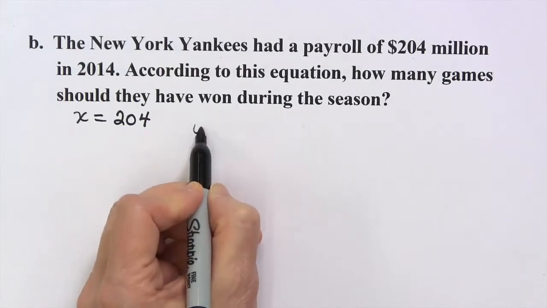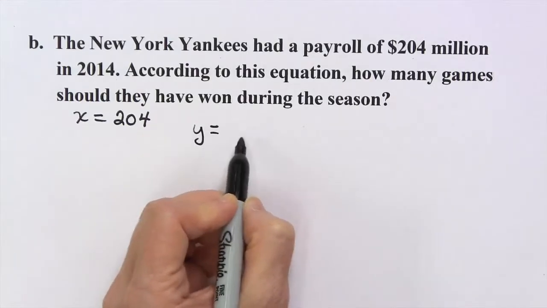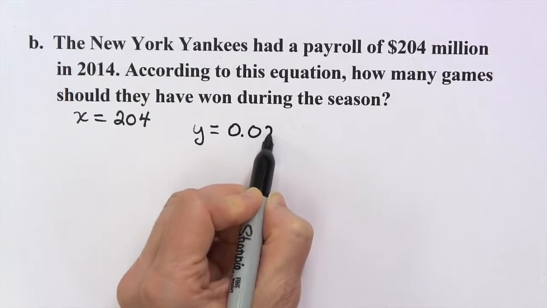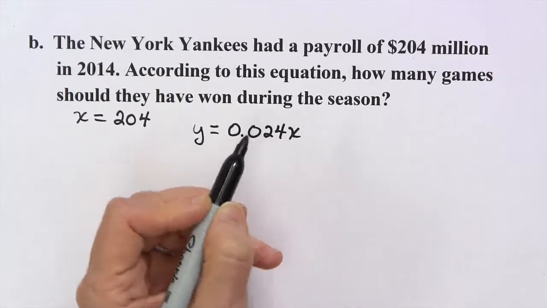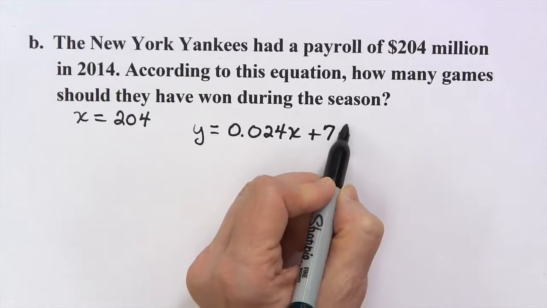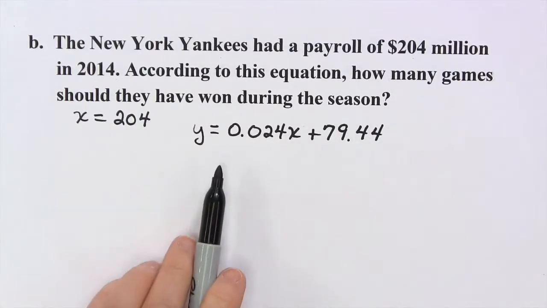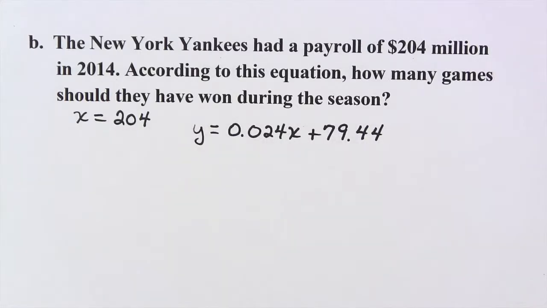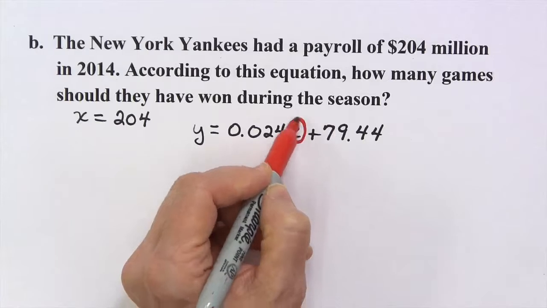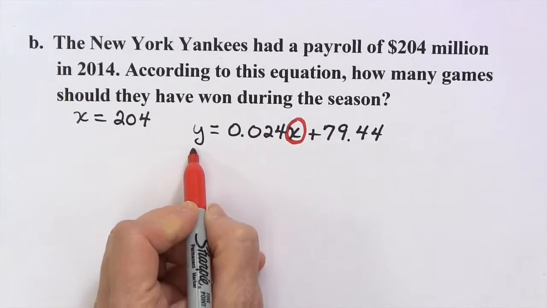Remember, we were given this equation: Y equals 0.024x plus 79.44. If we want to know how many games they should have won, we just let X be 204 and calculate.